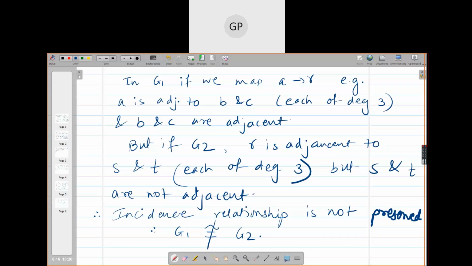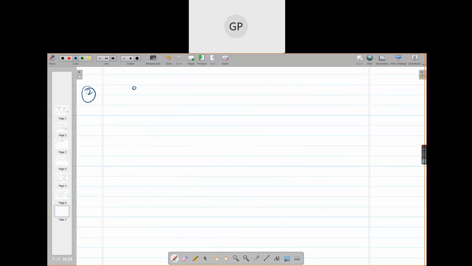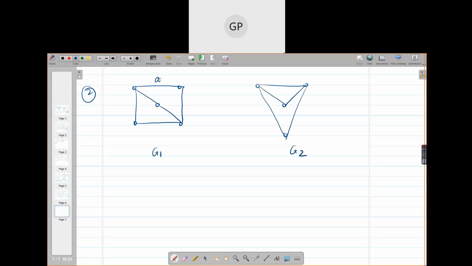Okay? Finished? Yes, ma'am. Now, next example. Here there is one more vertex.